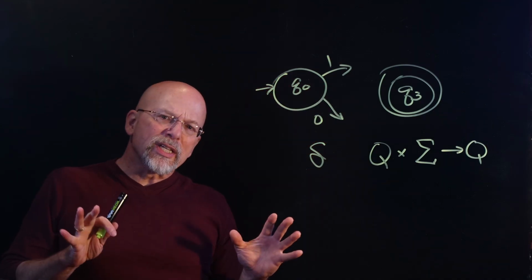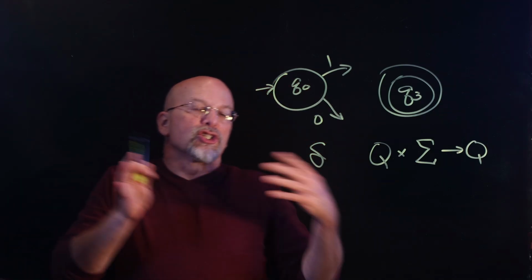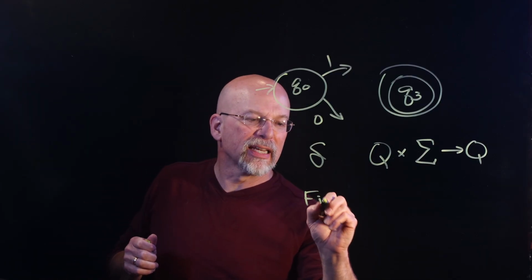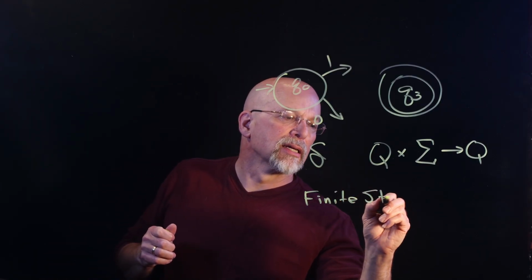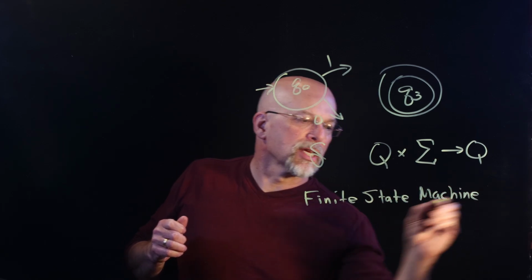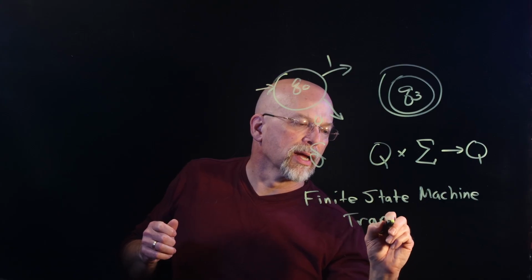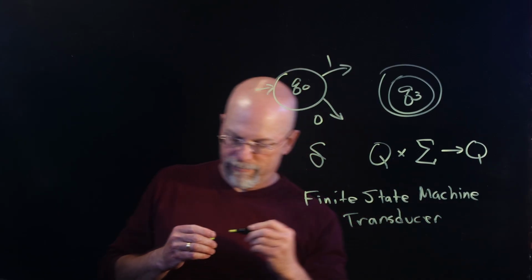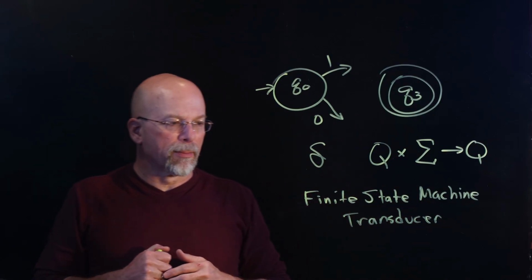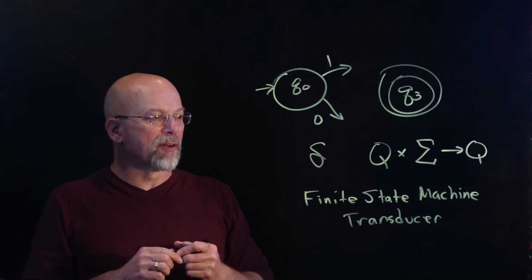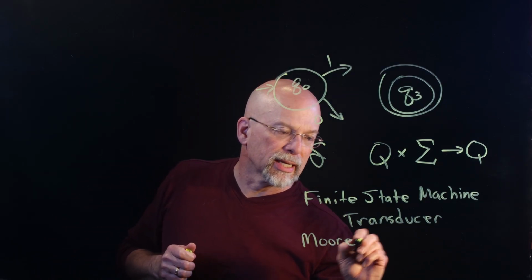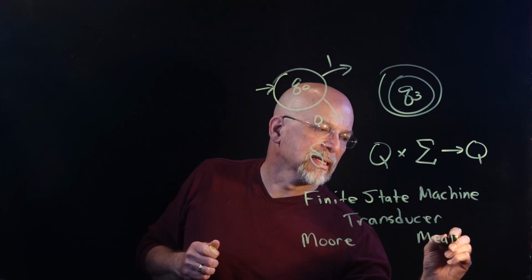Once we take our finite automata and associate an output with it, we get what is called a finite state machine. Sometimes it is referred to as a transducer. All right, a real-world implementation of the theory that we've been talking about so far. There are two types of finite state machines: the Moore machine and the Mealy machine.